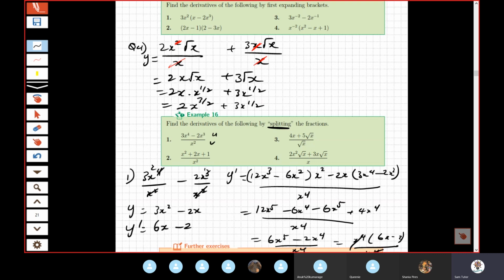But to avoid using the product rule for that, you can use your index laws, rewrite it like this, and then it's really easy. 2 times 3 over 2, that's 3x to the half, plus what you said before, 3 on 2 root x.